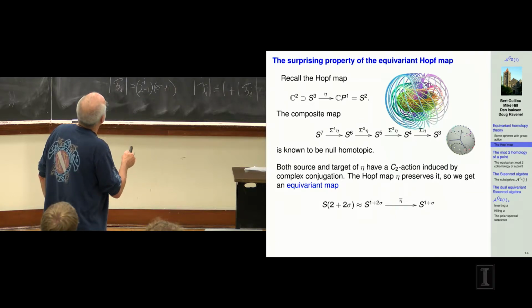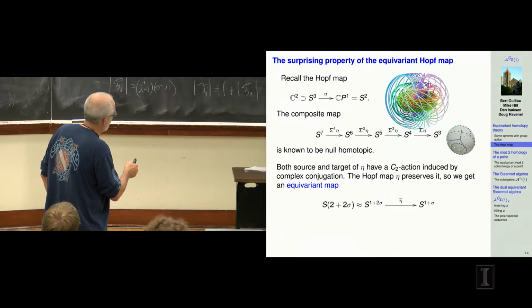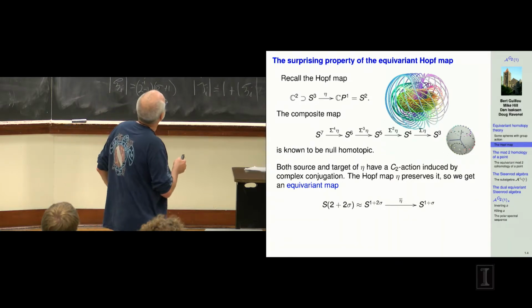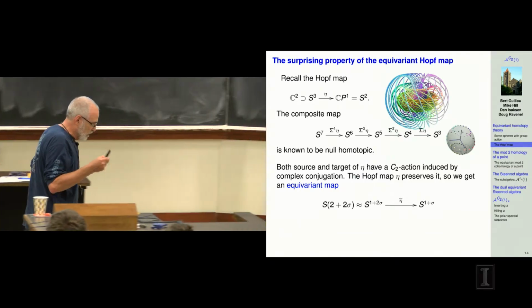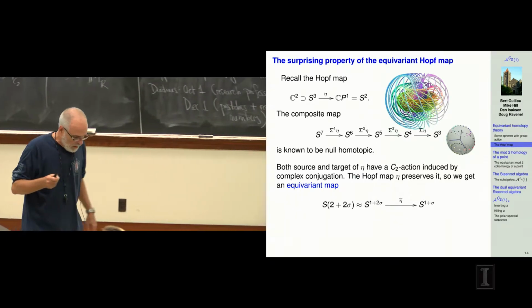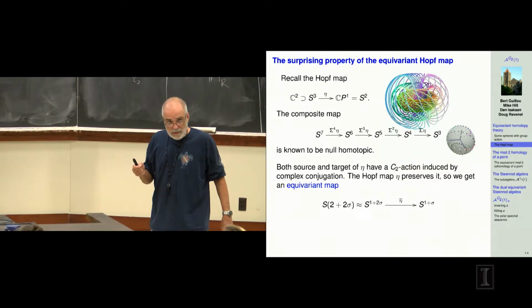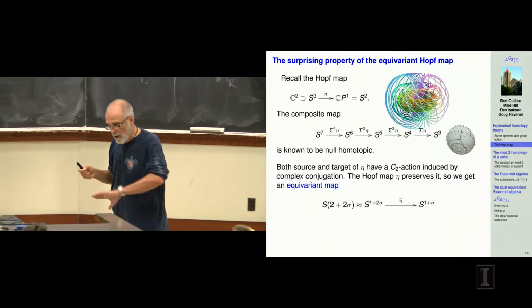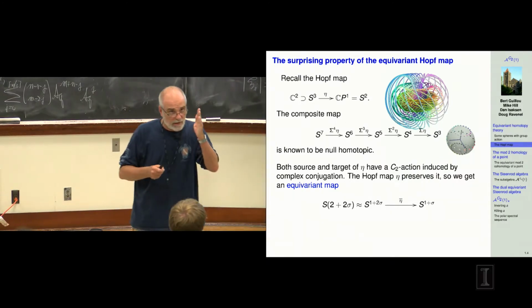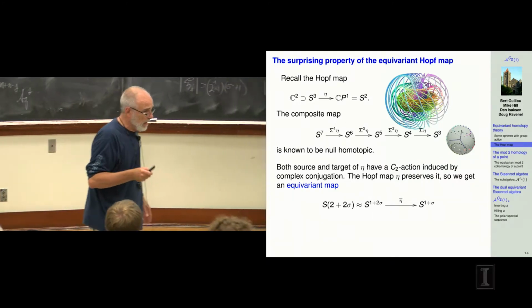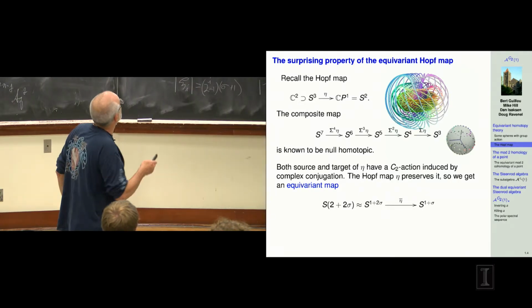On this side, we have the unit sphere for 2 plus 2 sigma. The complex numbers itself, as a representation, is 1 plus sigma: conjugation fixes the real line and acts as the sign representation on the imaginary axis. This is twice it, so 2 plus 2 sigma, and S3 is the unit sphere in it.